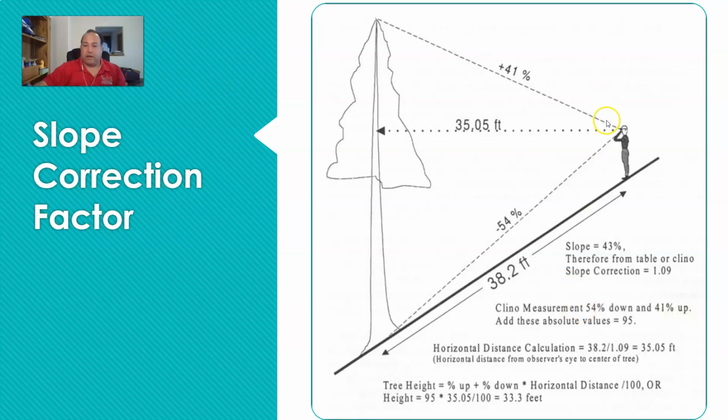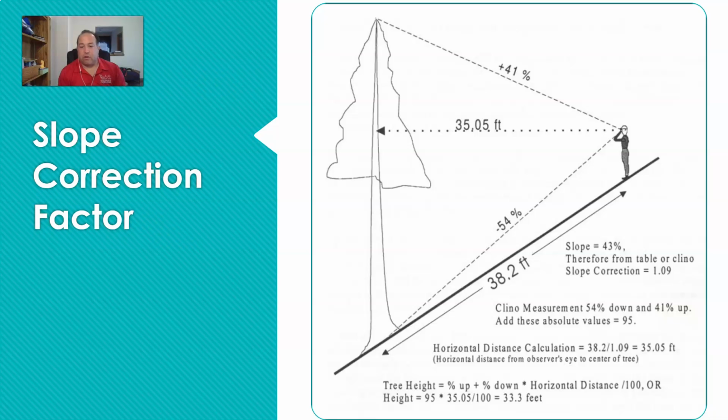So if we look at their measurements, they got 41% up to the top, negative 54% down to the bottom. And so you add those up because you're subtracting top minus bottom, and minus gives us a plus, and so you get 95.